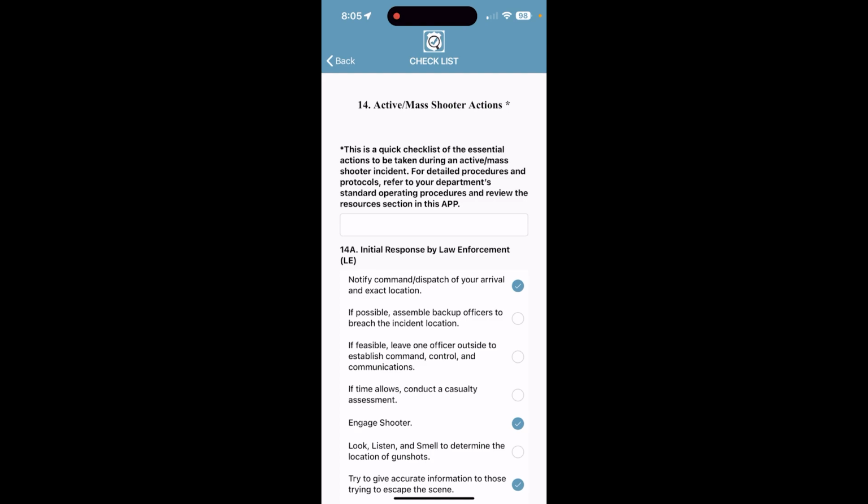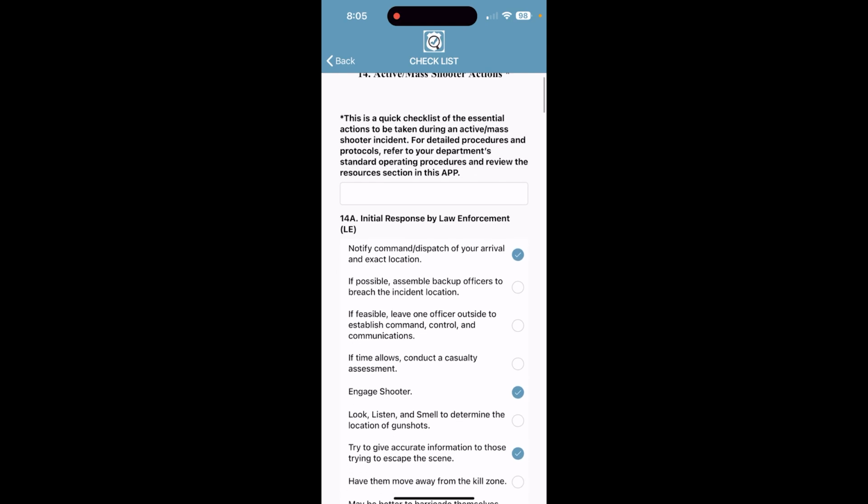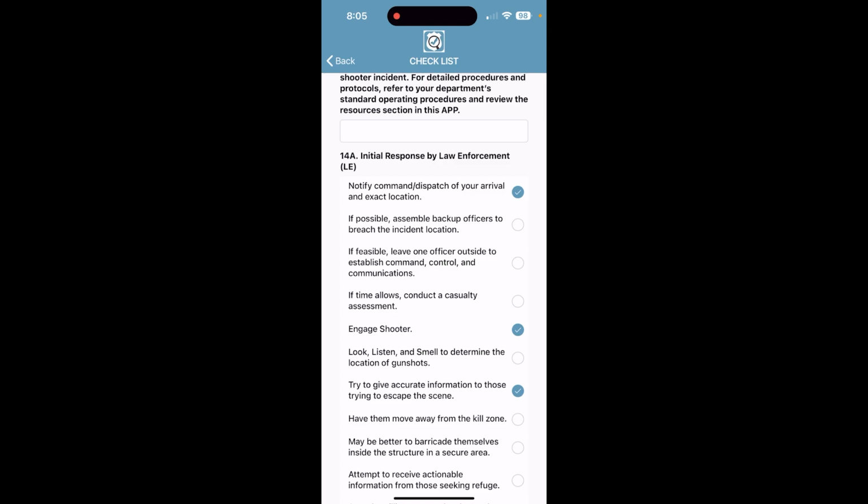There's a series of things that you need to consider. First being, when you get there, immediately advise dispatch that you're there and where you are. Determine how quickly backup officers will come, because you have to understand you must engage the shooter as quick as possible.